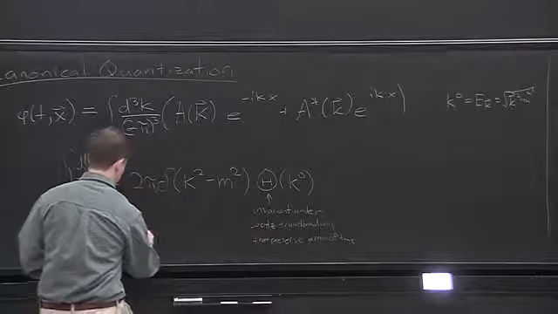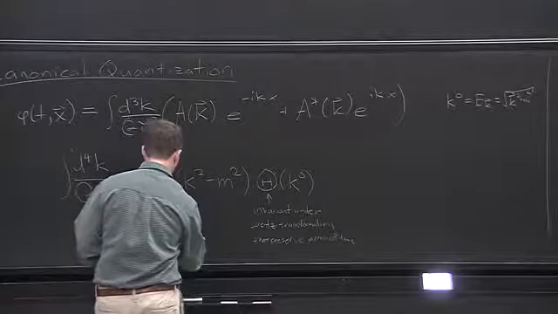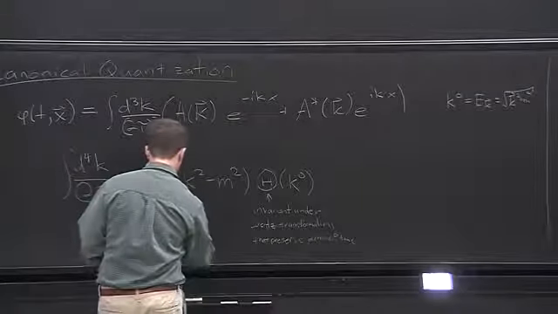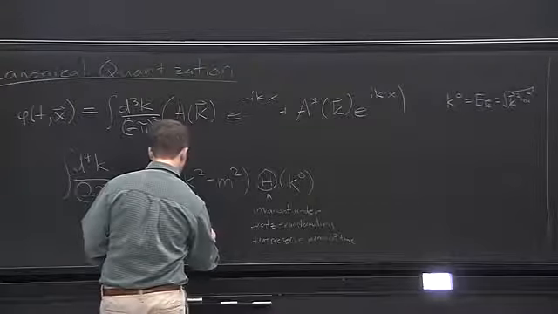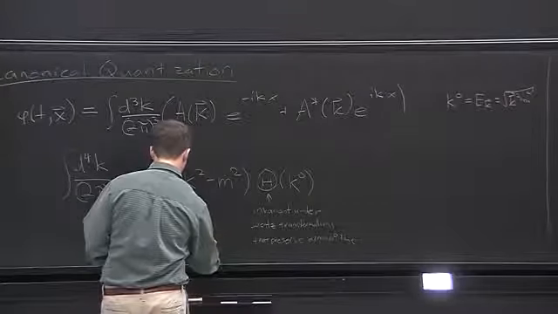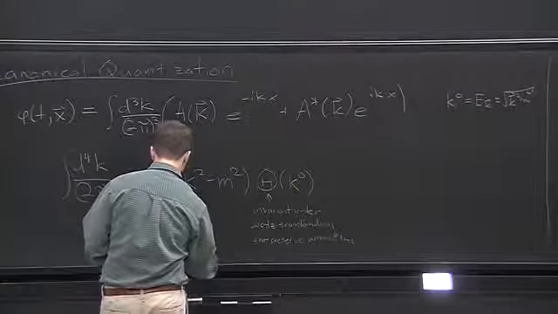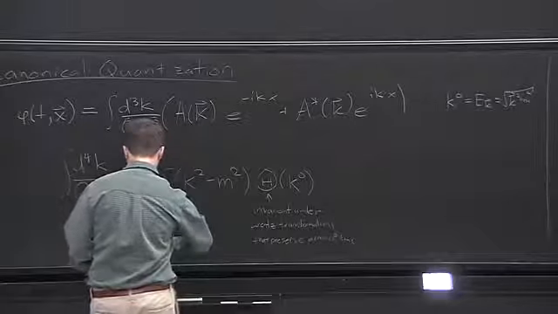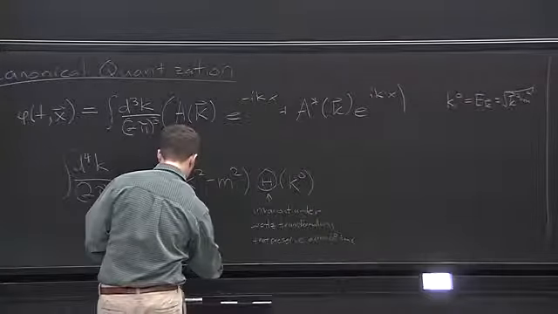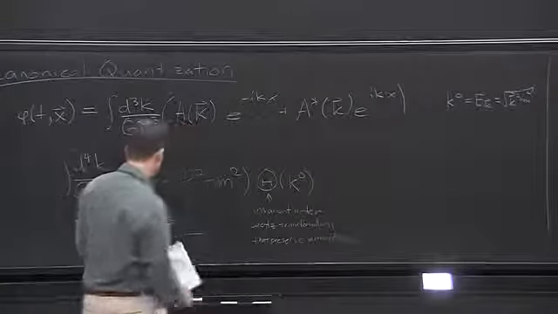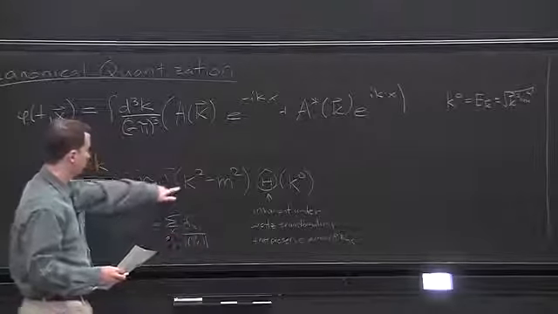So if we have a delta of f, we can write that as a sum over the roots xi of f, of delta composed with f over f prime of xi. So we get this extra factor of 1 over the derivative evaluated at the roots of this equation.